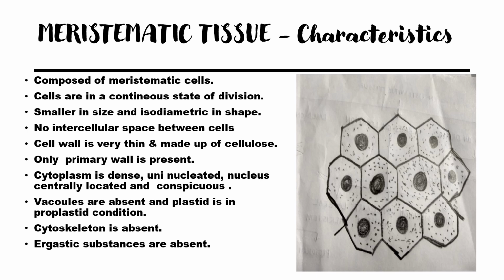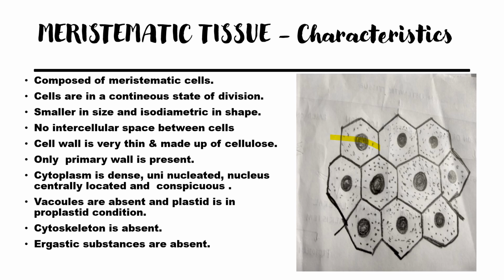So we'll read in this slide about the characteristics of meristematic tissue. We'll start with meristematic tissue in detail. Meristematic tissues are composed of meristematic cells. What do we mean by meristematic cells? The cells which are in a continuous state of division. Look at these cells.